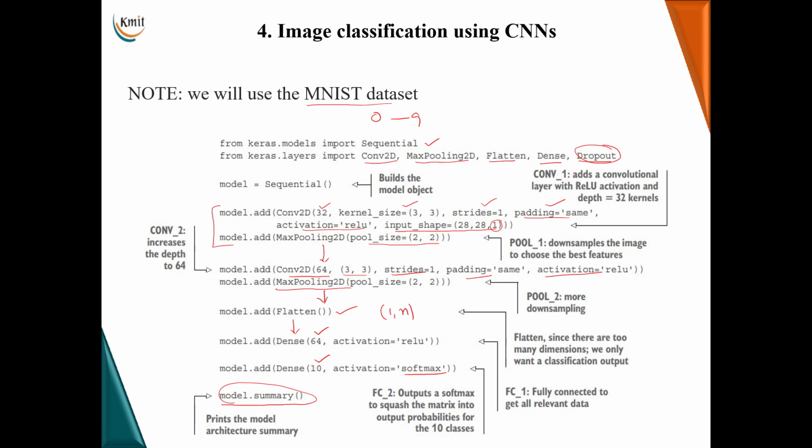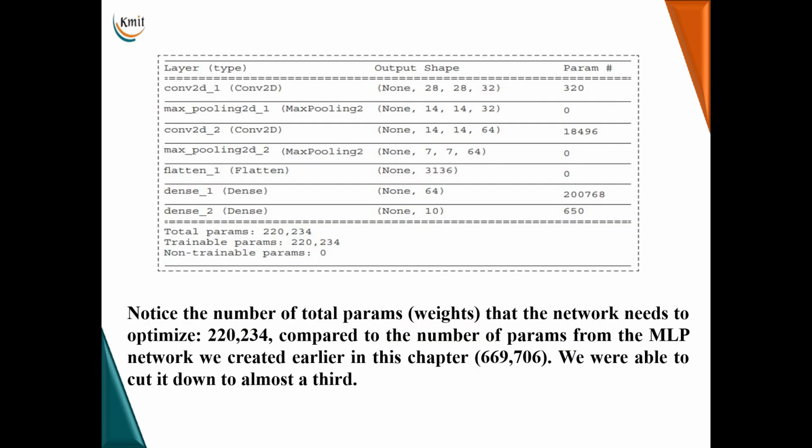When I run this code, I will get this output, and you can see that you have the output shape and also the parameters. First, let us talk about this output shape, then we will move on to the parameters. You can see that the output of every convolutional layer and pooling layer is a three-dimensional tensor, with rows, columns, and number of channels.